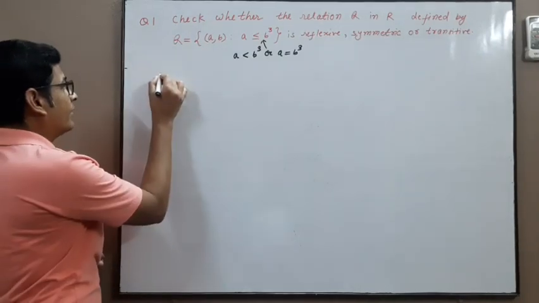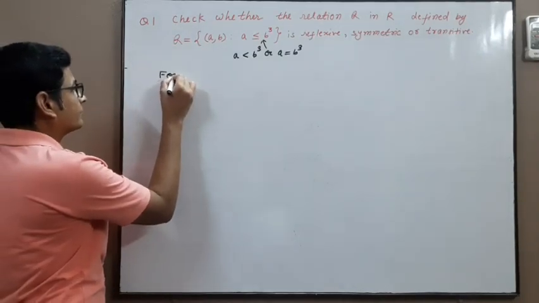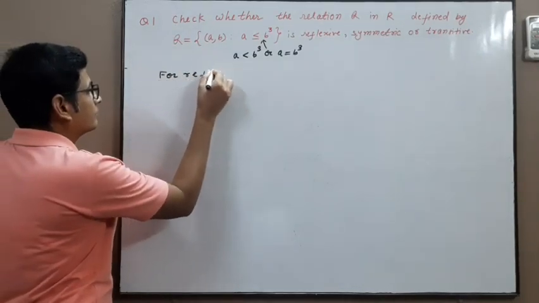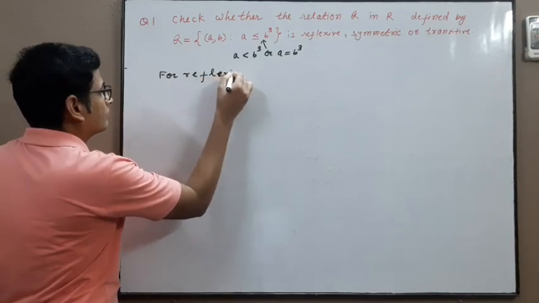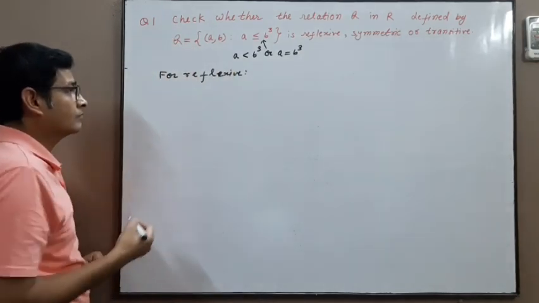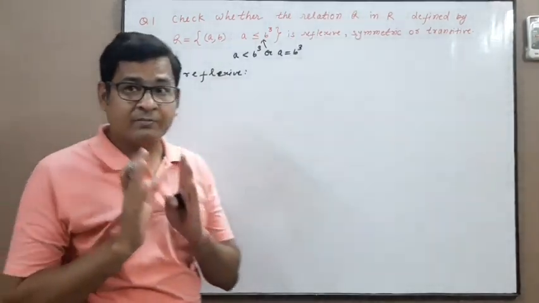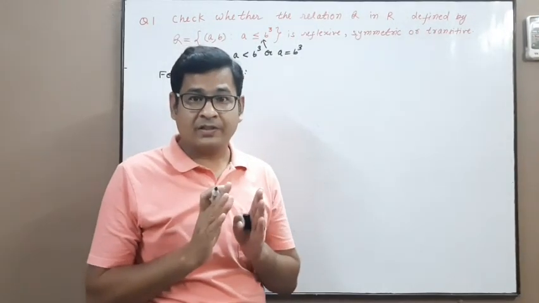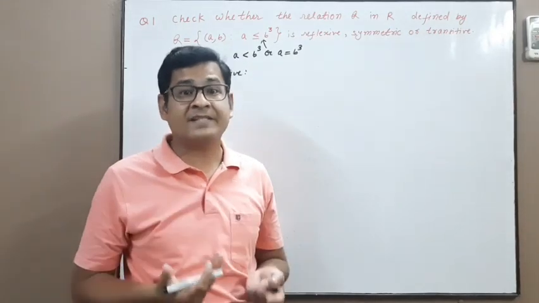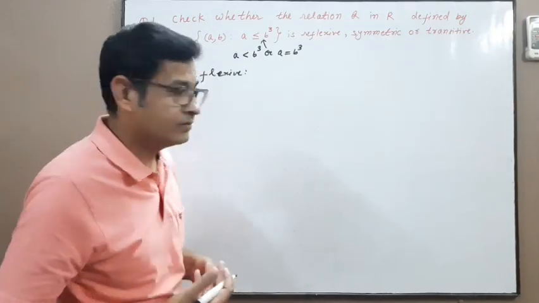Now first, for reflexive. We know that for any number lying between 0 and 1, its cube is always less than the number and not equal to it.